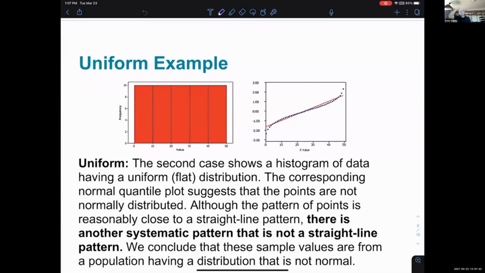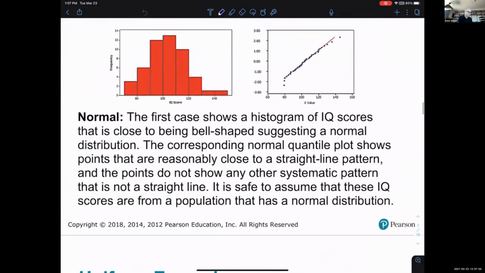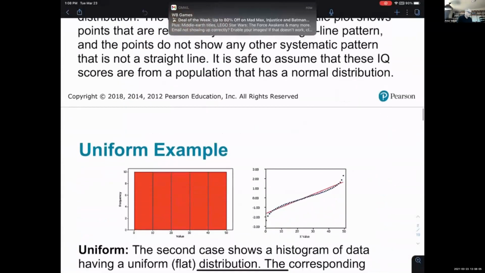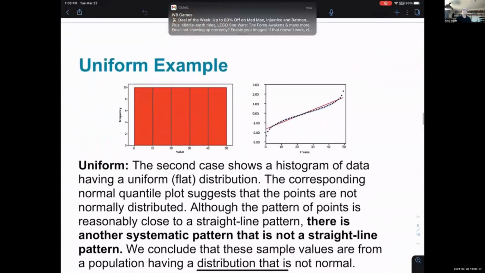Okay, so one of the things I want to point out is what we're trying to accomplish as we look at these examples is that you want to be put in a position where you can recognize the difference between this normal quantile plot and that normal quantile plot, and why they would say, yes, this looks like this could be from a normal distribution, whereas this is an indicator that it is not from a normal distribution.